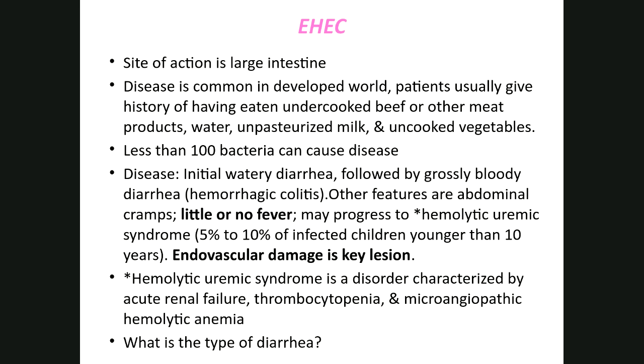Hemolytic uremic syndrome is present in very few, around 5 to 10% of the infected children. But once it is present, this is quite a dangerous condition. It is a disorder characterized by renal failure, thrombocytopenia, and microangiopathic hemolytic anemia.